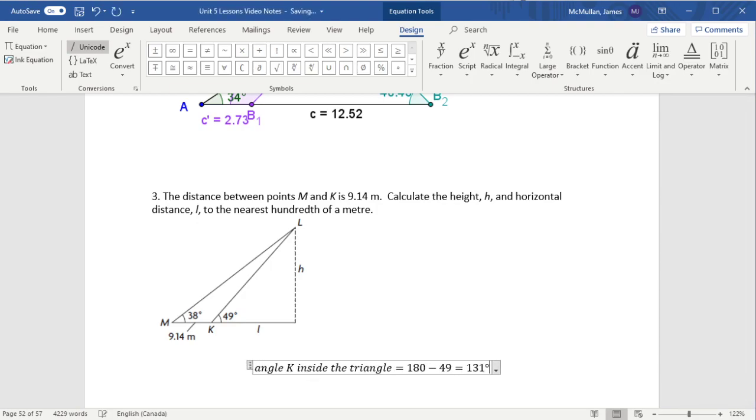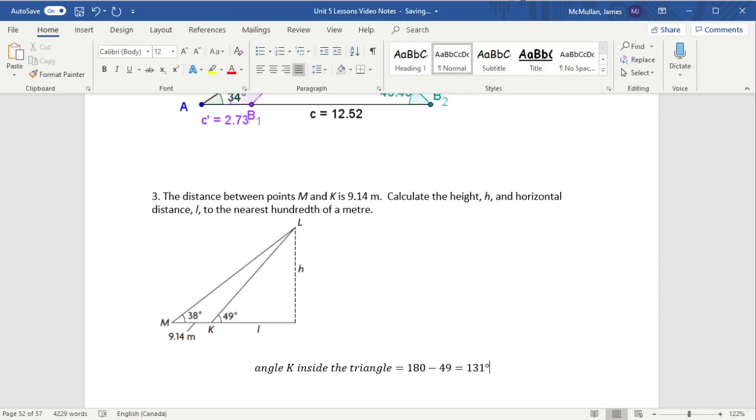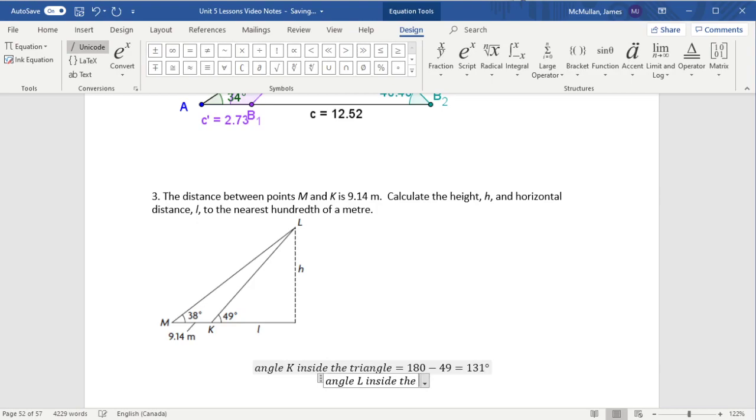Okay, so the angle K that's actually inside the triangle would be 131. Therefore, angle L inside the triangle would be, 38 plus 131 is 169. So you need another 11 degrees to get to 180, right?